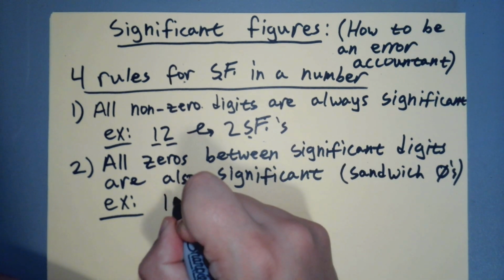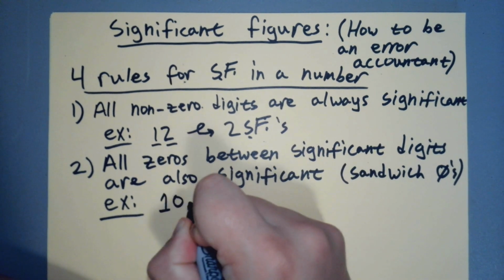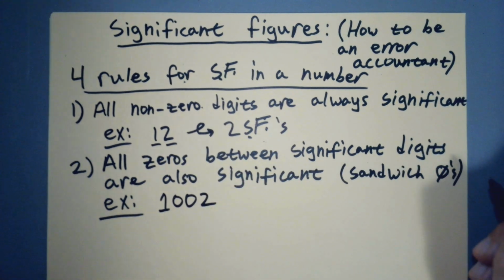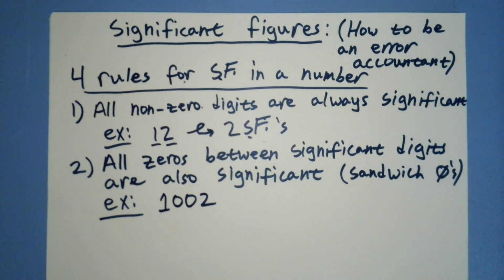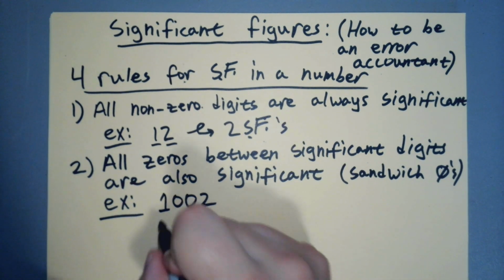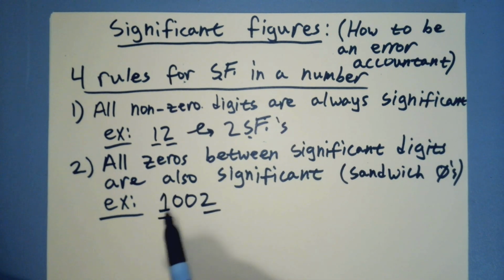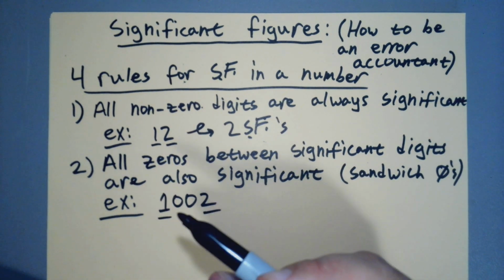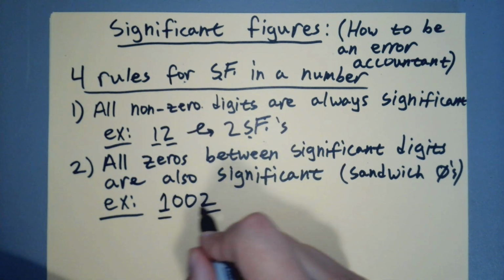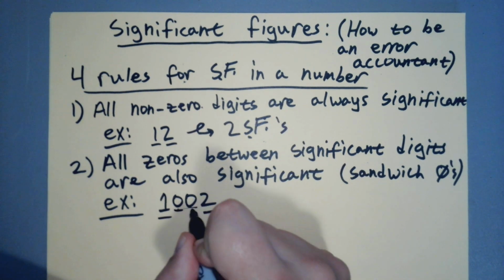And so let's say I have something like 1, 0, 0, 2. Okay. Well, from rule number 1, we know that that 1 and 2 are significant. That's not a 0. That's not a 0. They're going to count. Alright? And so these zeros are in the middle.